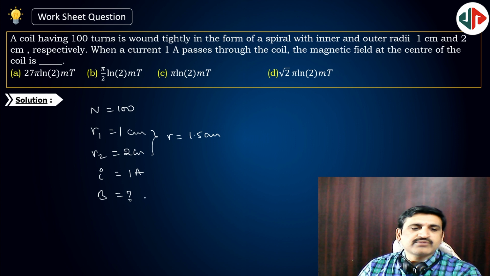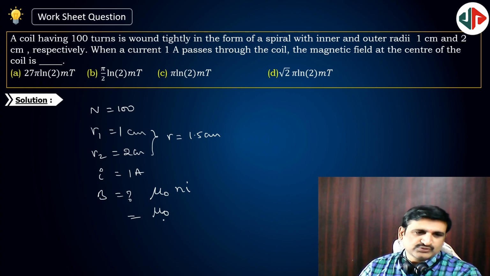Okay, B is equal to mu naught N I. What did he ask? The magnetic field at the center of the coil.